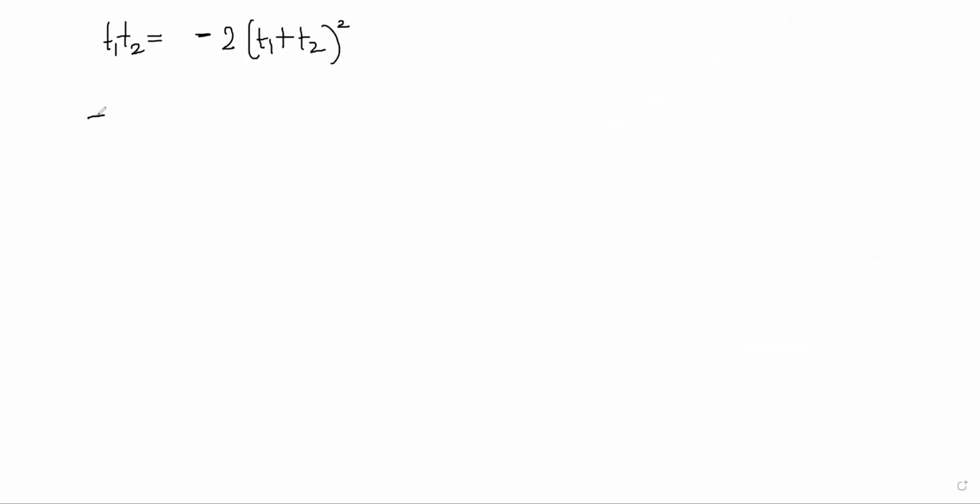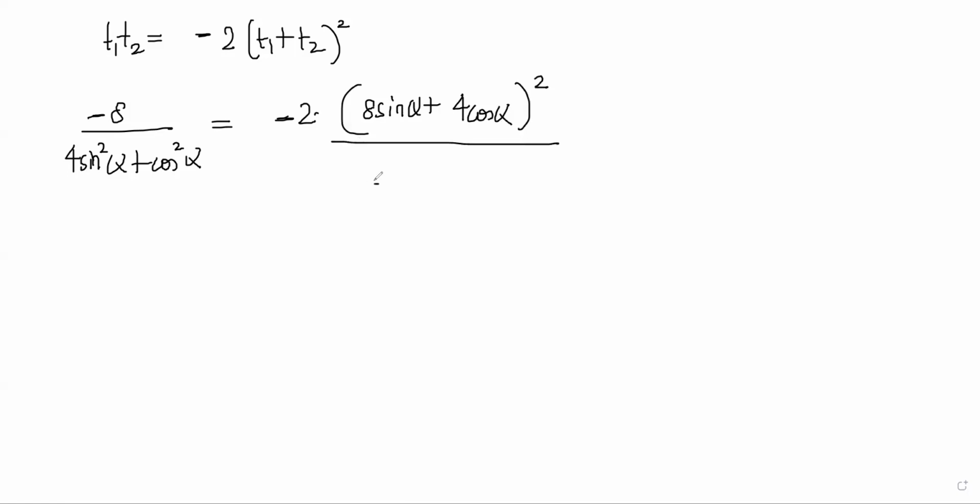So I get minus 8 by 4 sine square alpha plus cos square alpha is equal to minus 2 times 8 sine alpha plus 4 cos alpha whole square by 4 sine square alpha plus cos square alpha whole square.